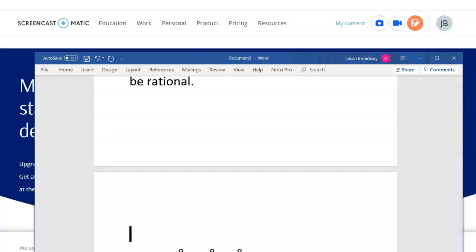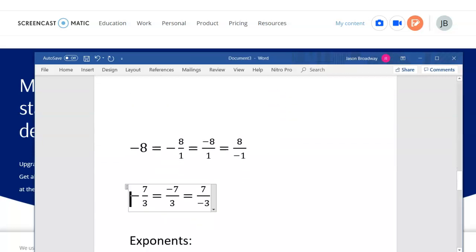I'm 2 minutes in. So let us talk about minus signs. If you have negative 8, you can write that as negative 8 over 1, with the minus sign out to the side. You can also put the minus sign up with the numerator 8.